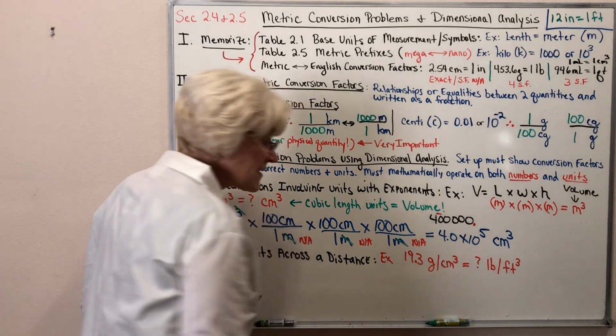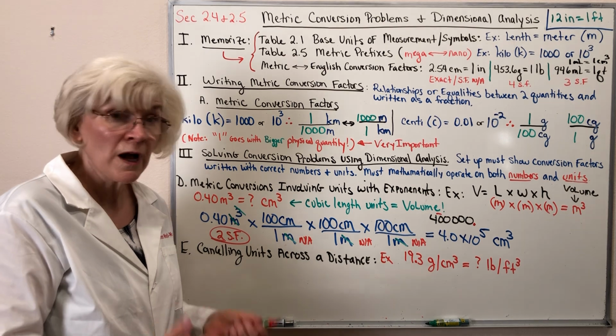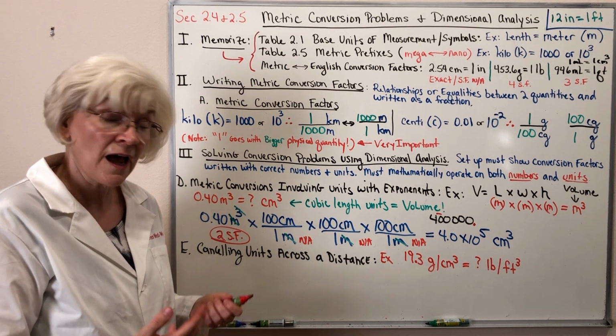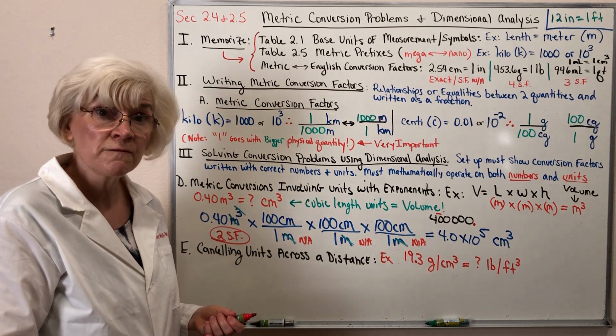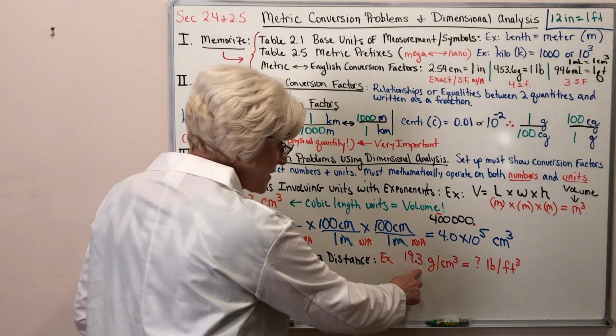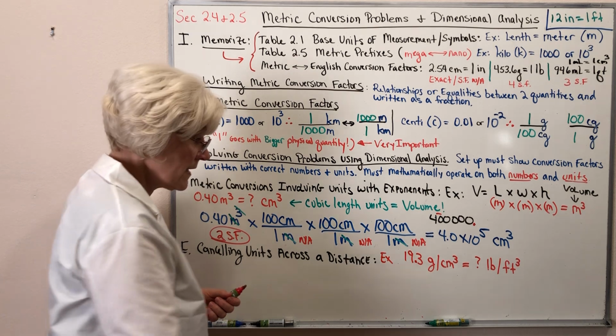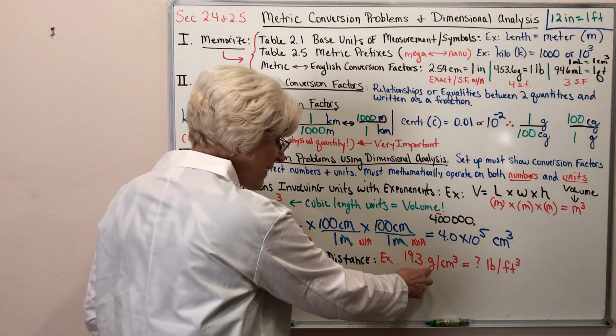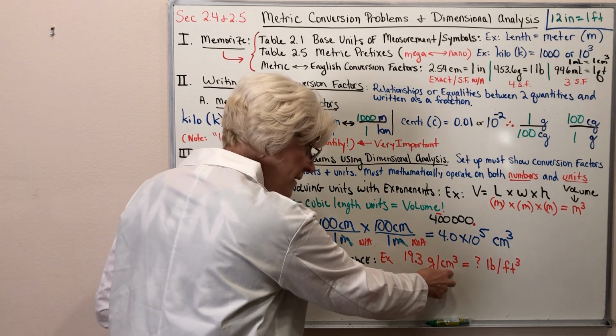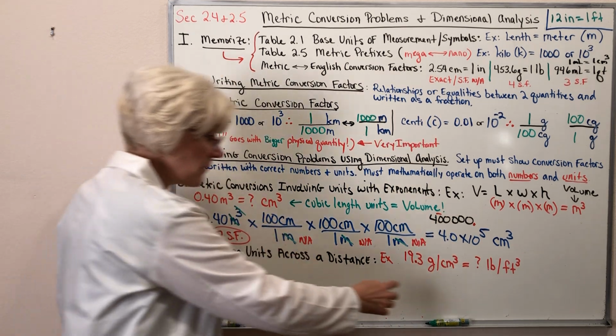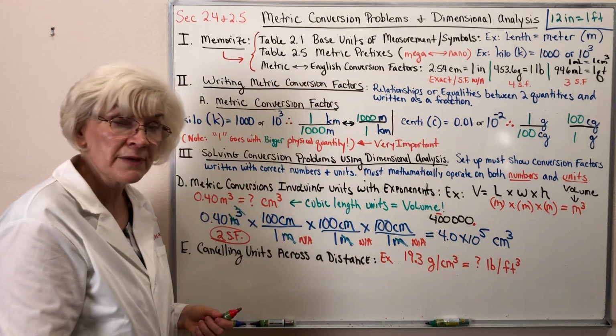I chose as a density the density of a very well-known and precious element, highly valued, the density of gold. Density of gold is 19.3 grams per cubic centimeters. Density expresses units of mass in the numerator, and we recognize from our previous problem, volume in the denominator.